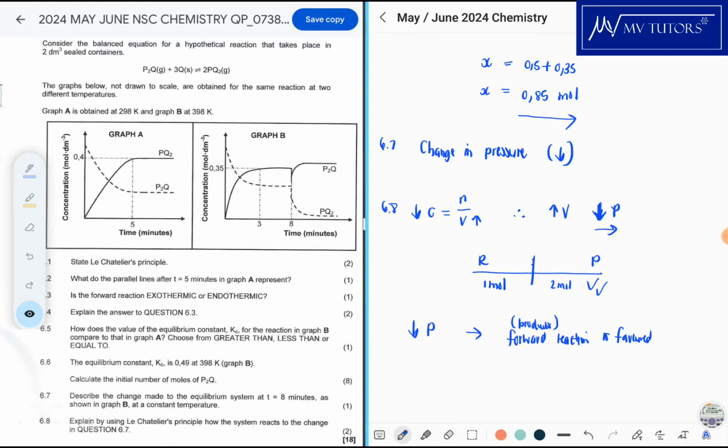A decrease in pressure, due to that increase in volume, has resulted in it being product favored, or the forward reaction is favored. So this is how the system reacts to that change. And I hope that is clear and good. And that's it for question 6.